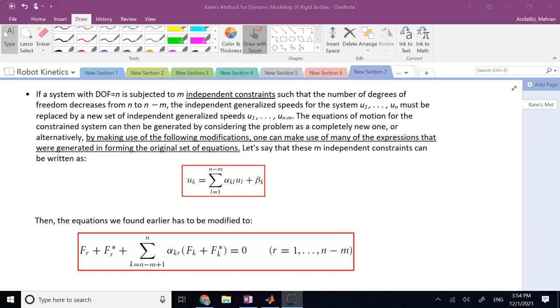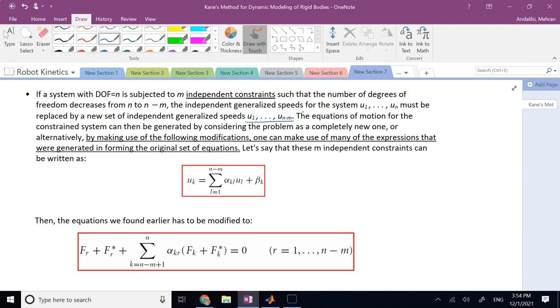So the better way and the easier way to incorporate it is if you can basically work on the generalized speeds instead of generalized coordinates, right? If you work on generalized speeds, u1 all the way to u n minus m, the n minus m, let's say, use that, you might think they are the independent generalized speeds.